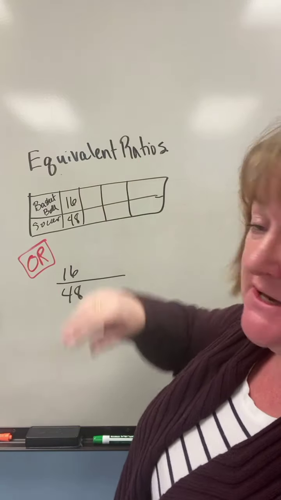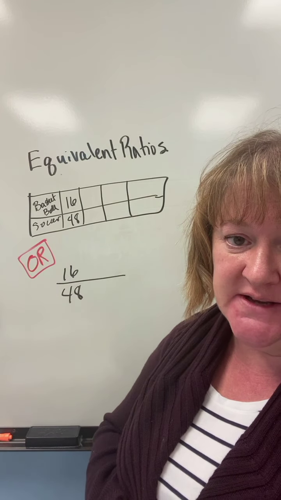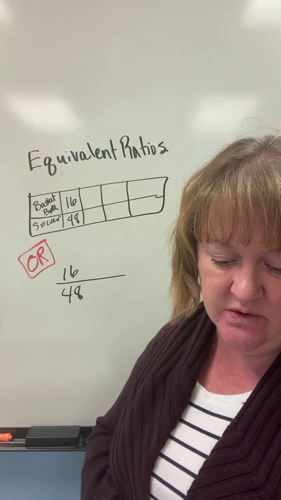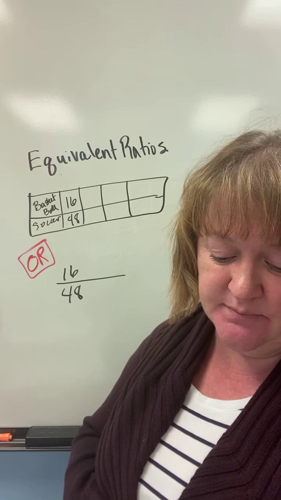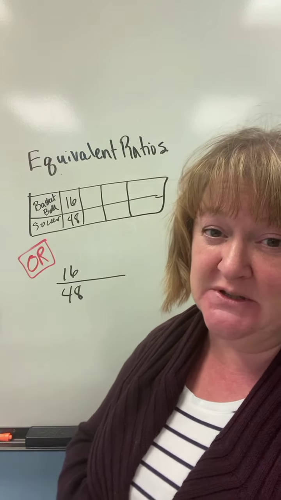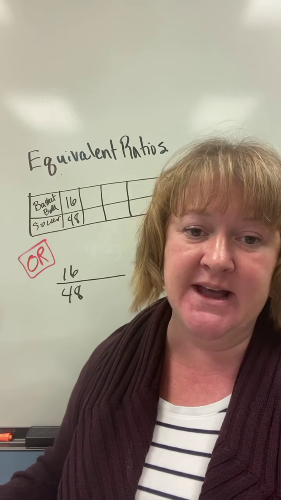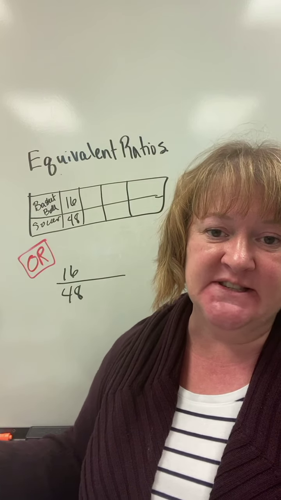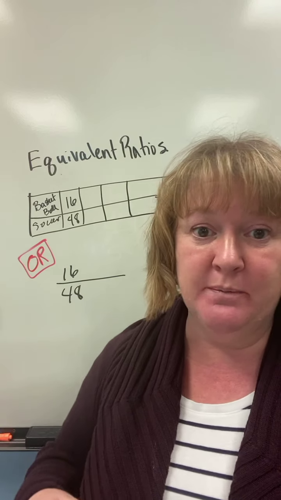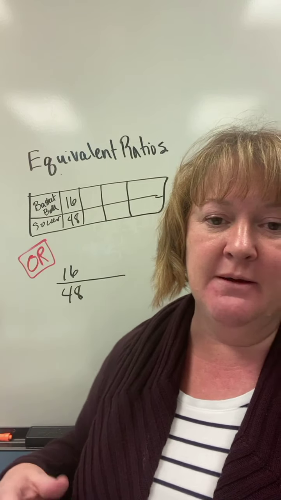I want you in your comp book to write down the definition of an equivalent ratio, and it's just ratios that express the same relationship. So if I have two dogs to 3 cats, I have to stay that way. We're going to do a problem in here around a recipe.